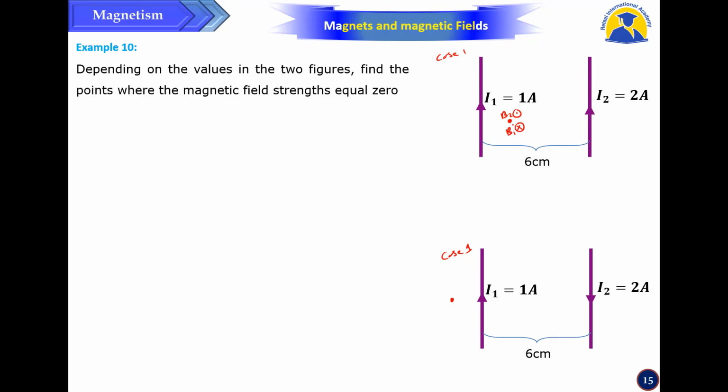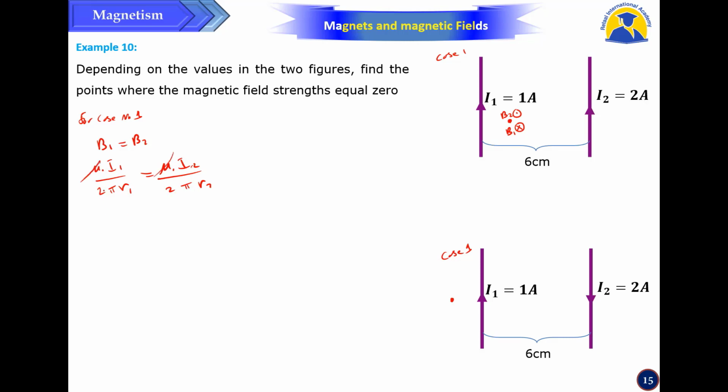Because both magnetic fields are in opposite direction, they cancel each other. The magnetic field will be 0 when B1 equals B2 in magnitude and opposite in direction. So for case number 1, B1 must equal B2 in magnitude and opposite in direction. So mu 0 I1 divided by 2 pi R1 will equal mu 0 I2 divided by 2 pi R2.